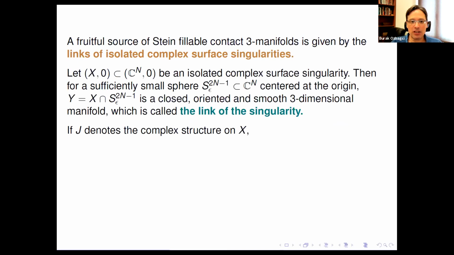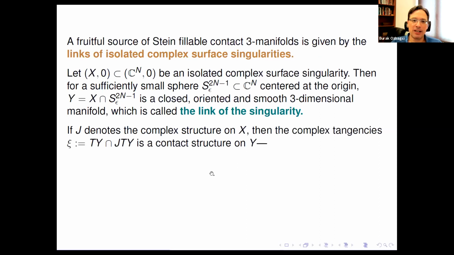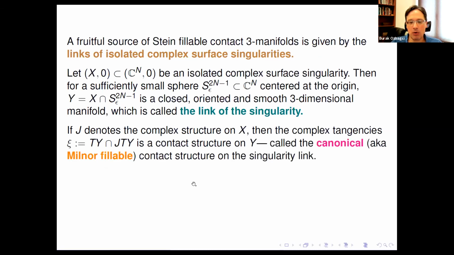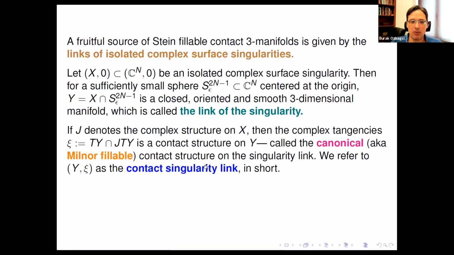And if J denotes the complex structure on X, right? So it's only singular at a point, it's regular at other points, there's a complex structure. Then the complex tangencies, TY intersection JTY, form a contact structure on Y, which is called the canonical, otherwise known as the Milnor fillable, contact structure on the singularity link. So we refer to this pair (Y, ξ) as the contact singularity link in short.